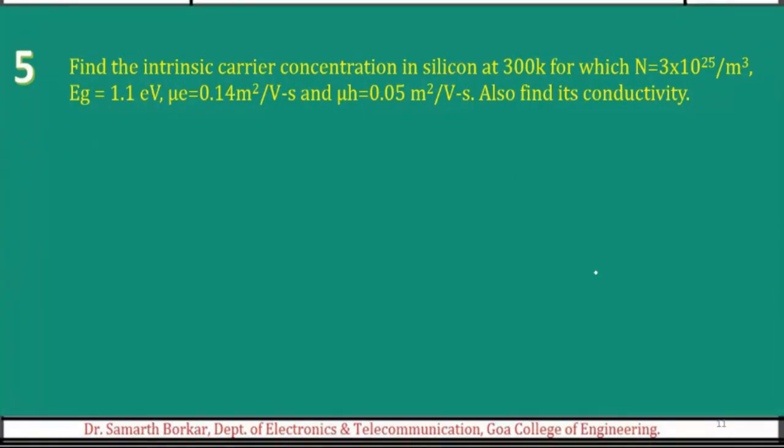Next, the fifth one. Find the intrinsic carrier concentration in silicon at 300 degrees Kelvin, for which this is the value of N, then the band gap is given, and so on. So go through the problem first. What is asked here is the conductivity. Eg is 1.1 electron volt, mu E is 14.